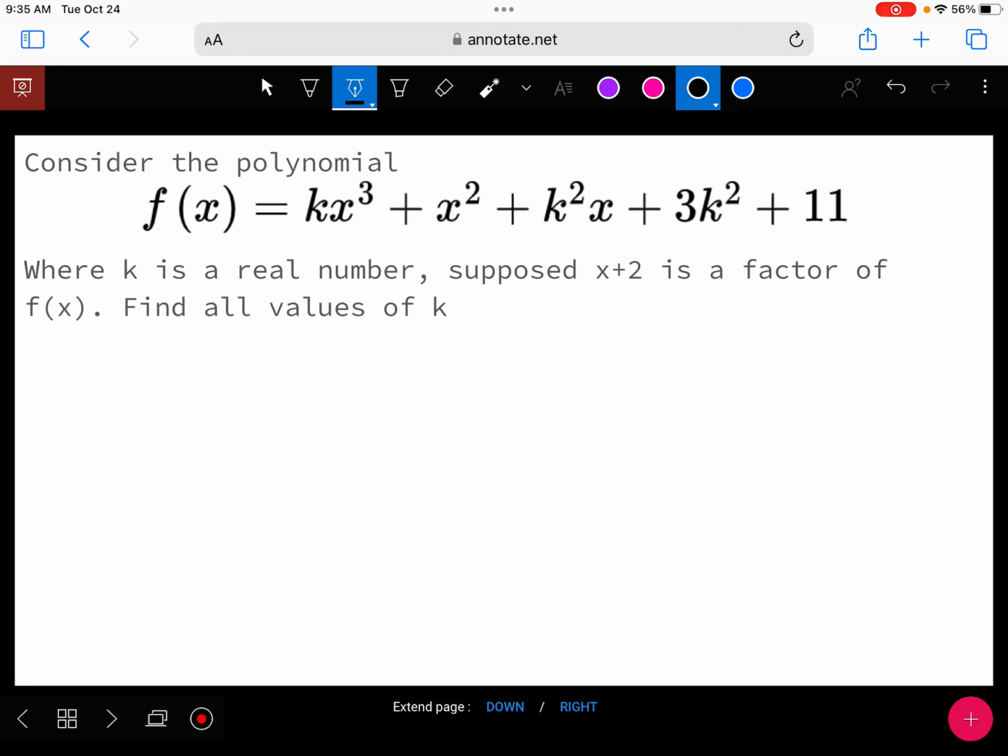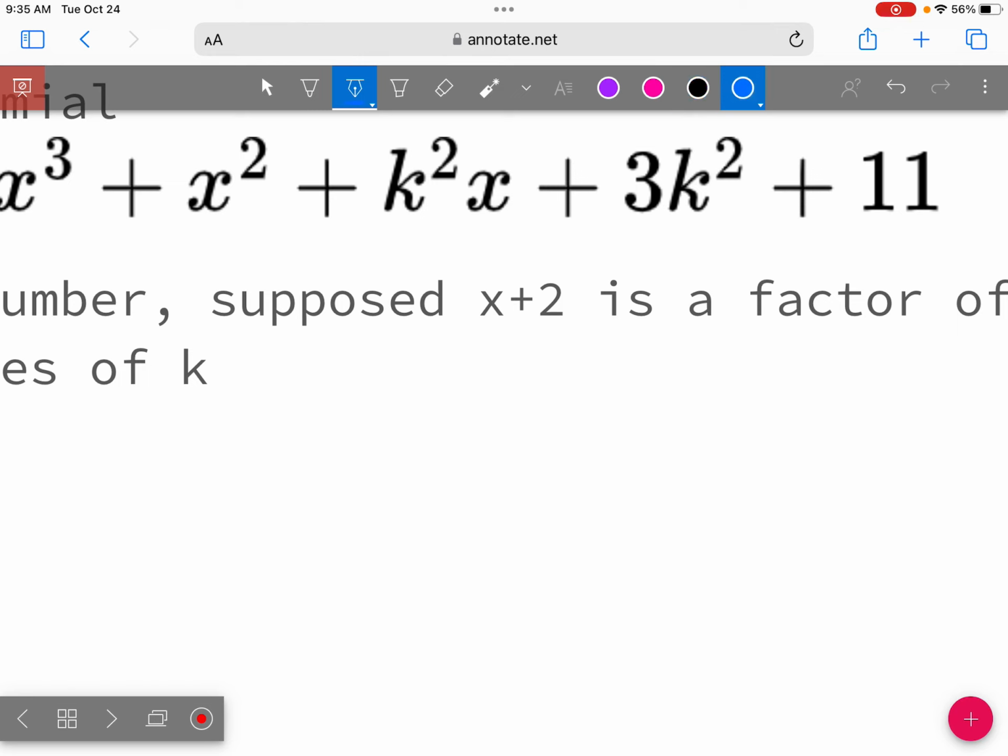All right, so we're gonna do another one very much like that. Except this time it's slightly more complicated. But it's still starting out the same way. X minus 2 is a factor of this, which means we know there is a root of what? Negative 2.